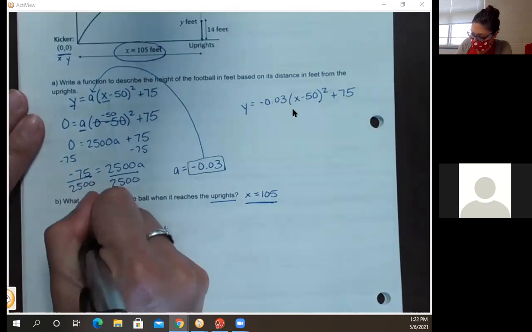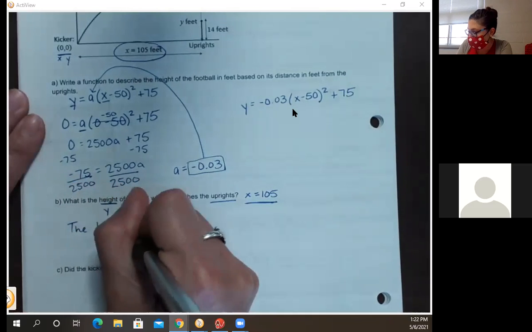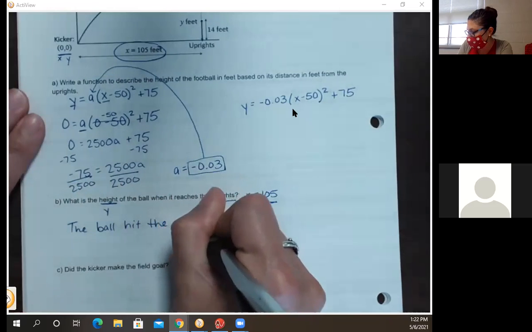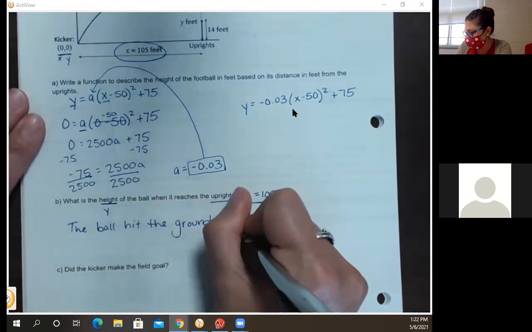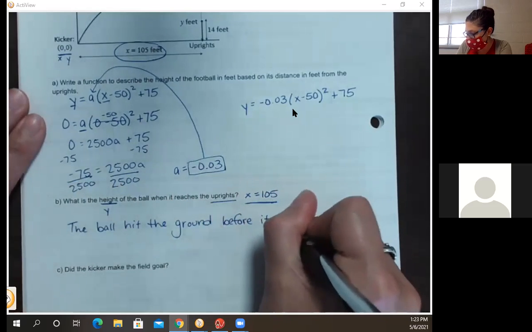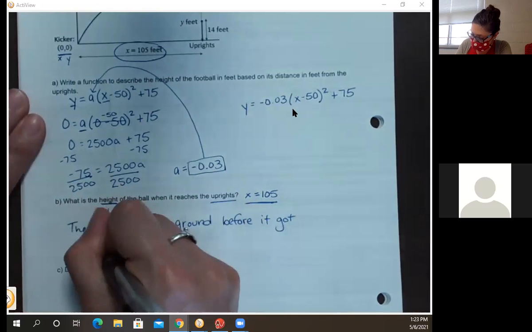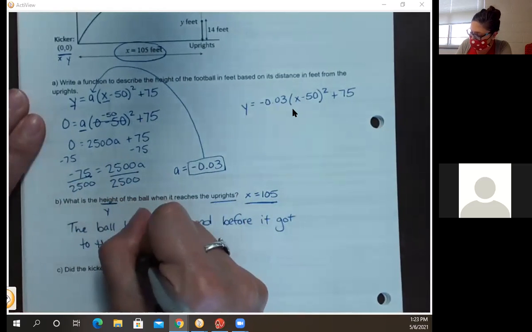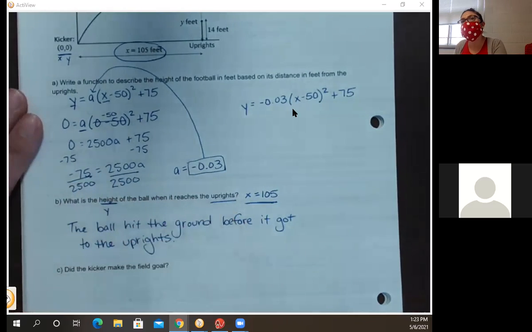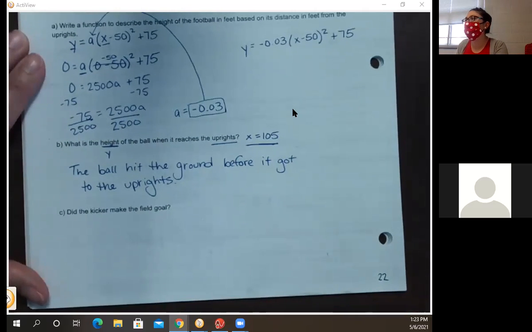So the ball hit the ground before it got to the uprights. So did they make the field goal? No.